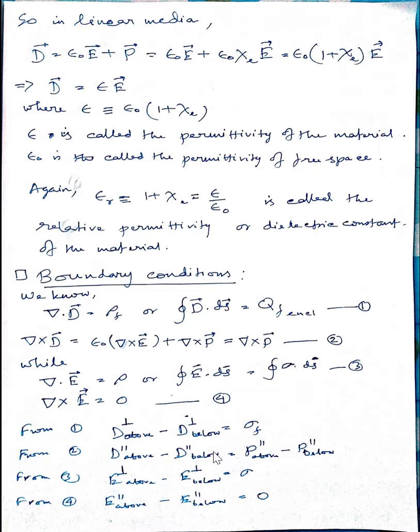You can find that D perpendicular above and D perpendicular below is not continuous, it is discontinued by the surface free charge density.